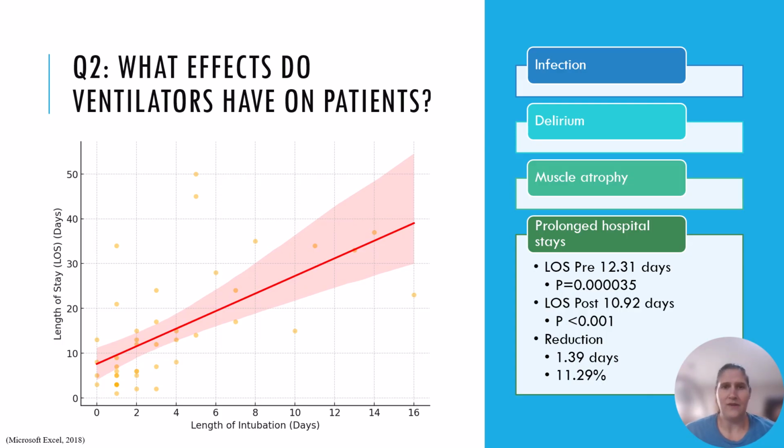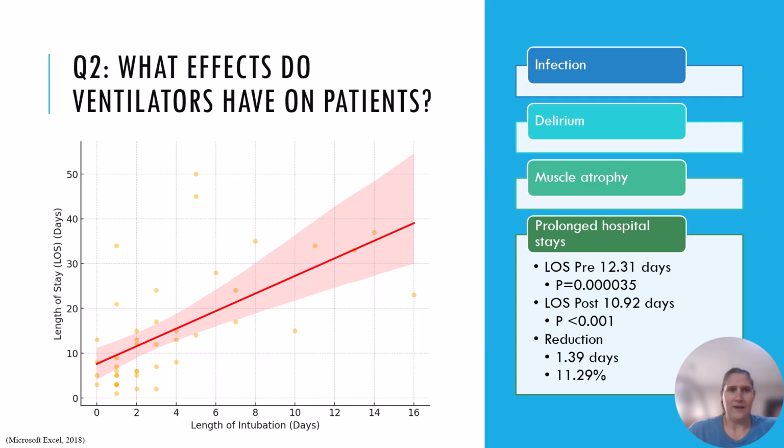Standardizing the CPOT led to a decrease in the average hospital stay from 12.31 days down to 10.92 days. A significant positive correlation was observed between the duration of intubation and the length of stay. These findings suggest that reducing intubation time may improve patient outcomes and contribute to shorter hospitalizations.